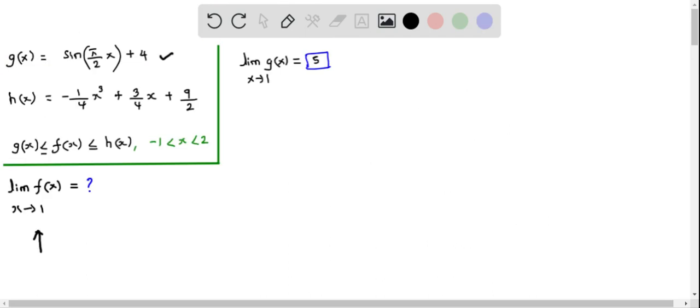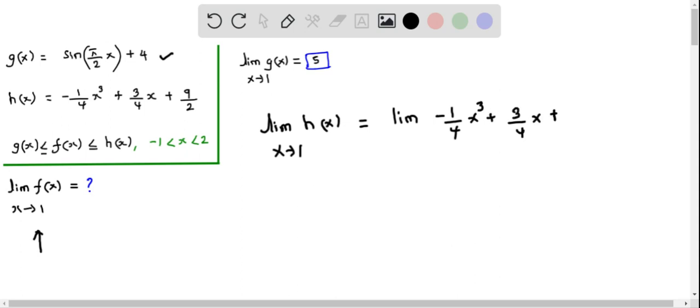We now find the limit of h of x when x approaches 1. So let me replace the h of x, which is negative 1/4 x cubed plus 3/4 x plus 9 half, as x approaches 1. Now we can do the direct substitution because this one is a polynomial function.